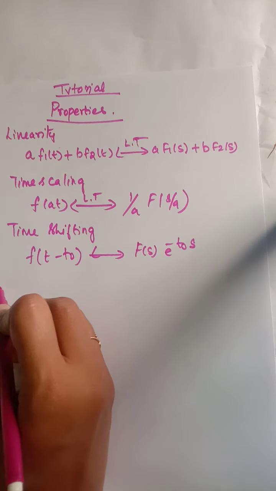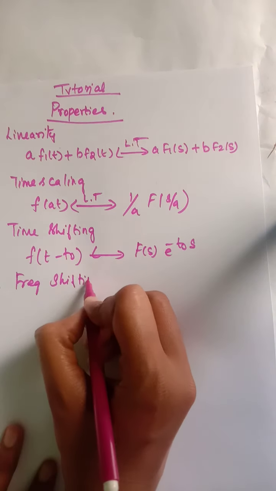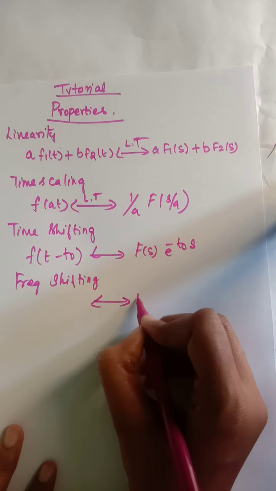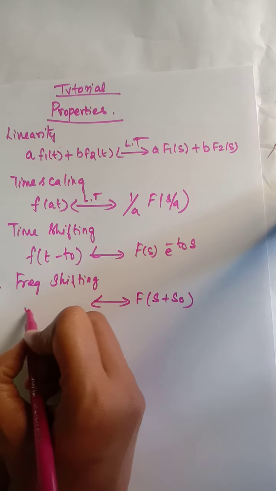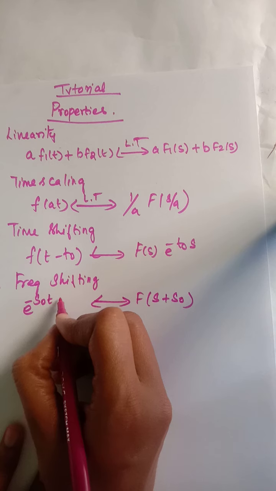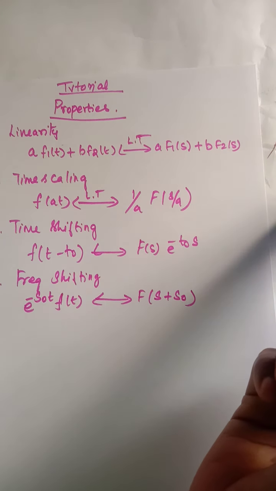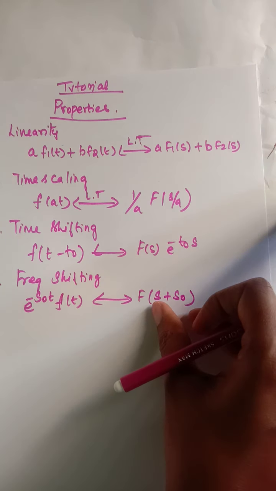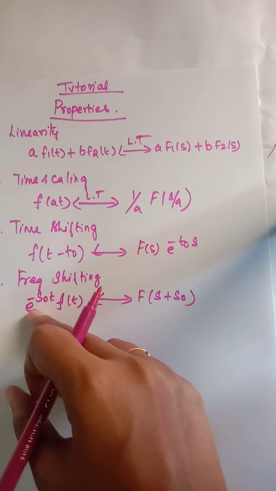The fourth one is the frequency shifting property. In frequency shifting, in the frequency domain you will have F of s plus s naught, and similarly in time you have e power minus s naught t into f of t. So this is the frequency shifting property. There we will have j omega plus omega naught, and here you will have e power minus j omega naught t.